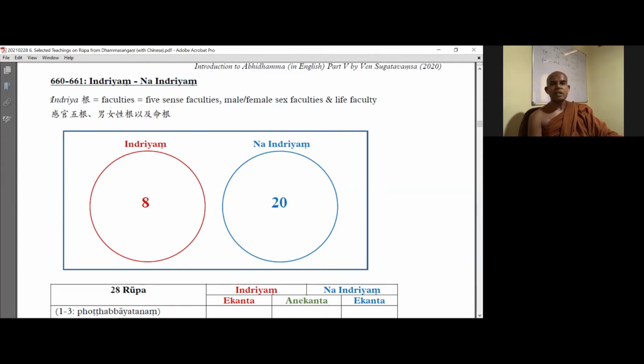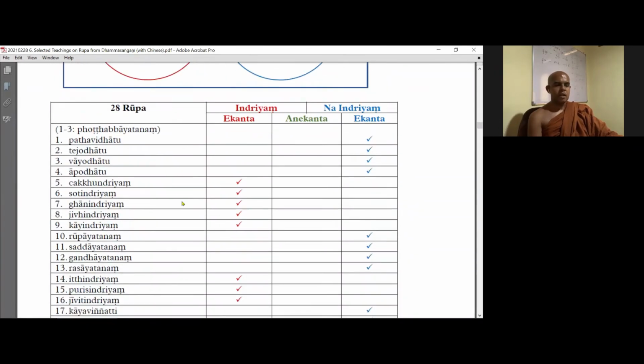Indriya means faculties, and na indriya means no faculties. Now how many indriya rupa are there according to the 28 rupa? There are 8. What are the 8? Five sense faculties, male and female sex faculties, and the life faculty.